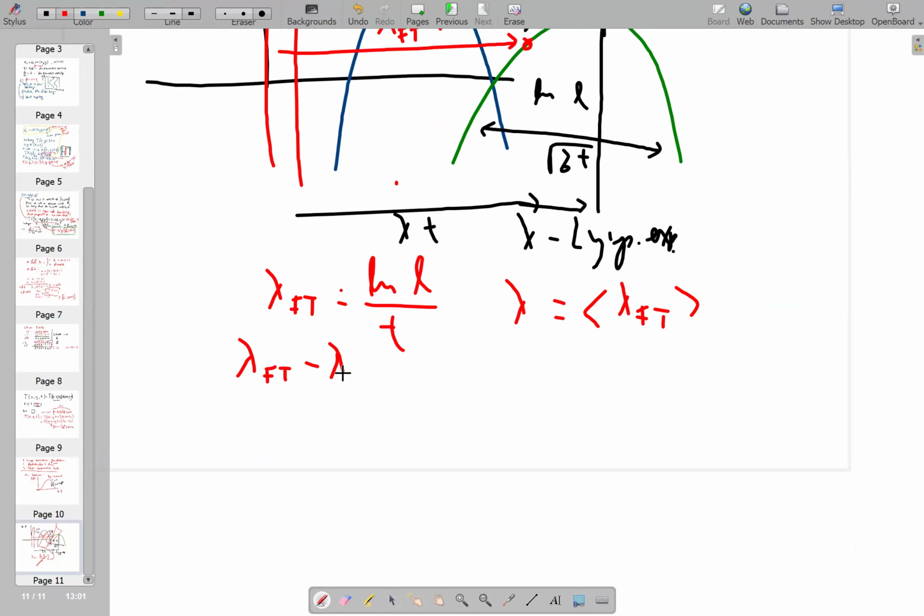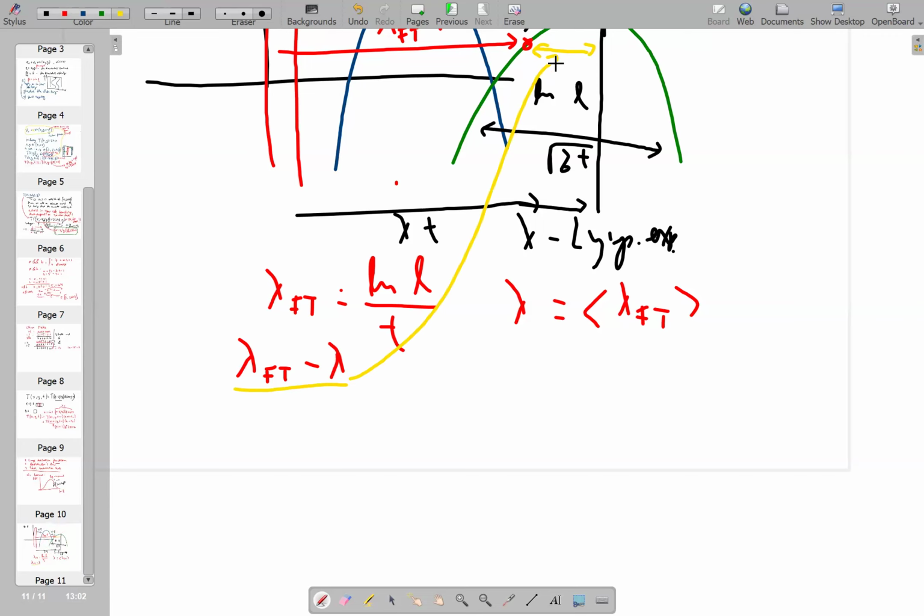And then this is the departure, how much a given point differs from the center point of the curve. So basically, this is this distance here. What is lambda finite time minus lambda. And then I want to fix the width, which is square root of sigma t.